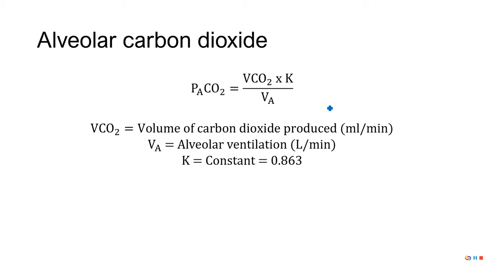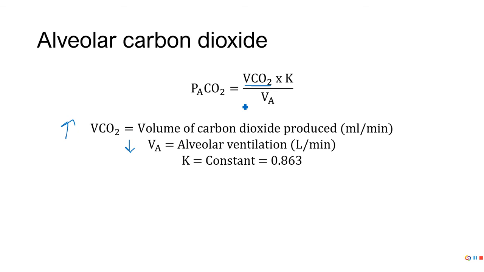So again, if I'm producing more, if I just change this number, that's going to cause my PaCO2 to go up. But if I increase my alveolar ventilation, just think hyperventilation, I'm actually getting rid of more CO2, so that number will go down. Since K is a constant, we won't mess with that.